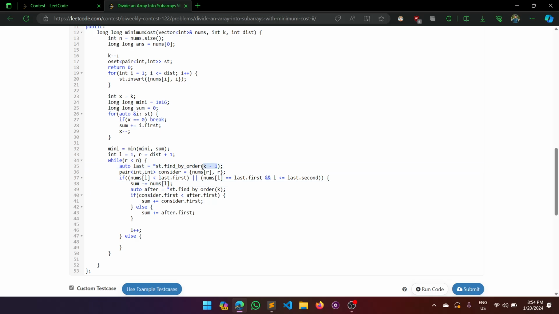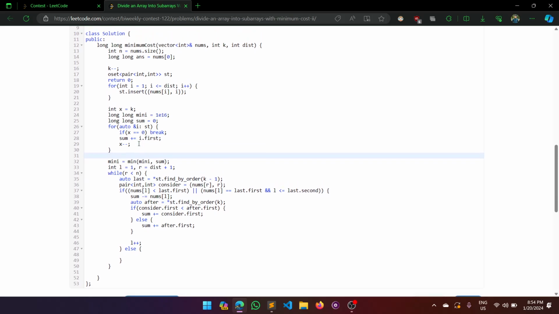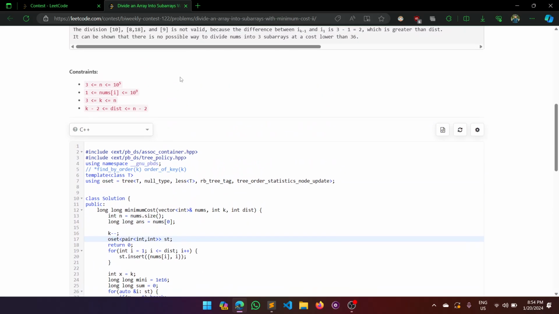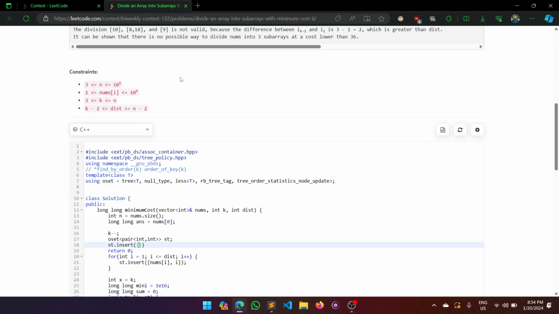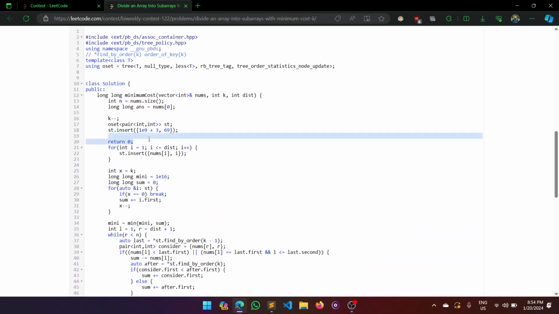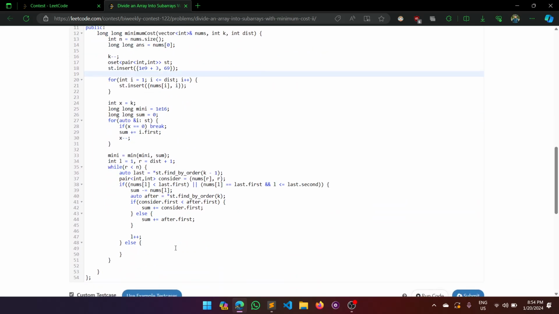What if there's no element as k? For that case, that's like an edge case. For that case, we'll have an element which is greater than what we have in the array. So name it anything. Say 69. So we always have an element at kth position, right?